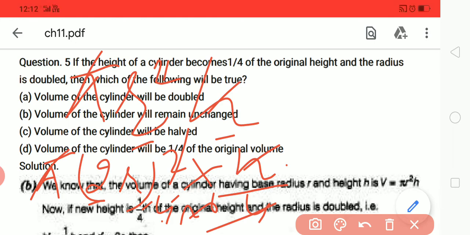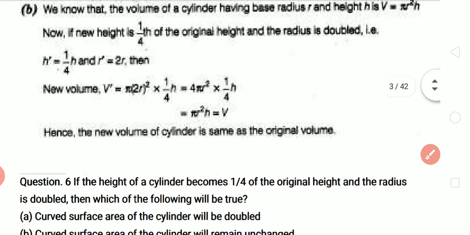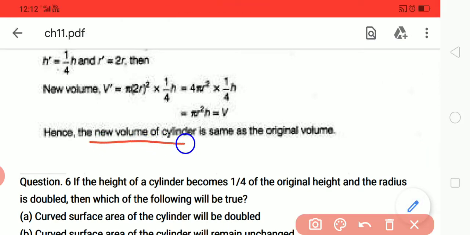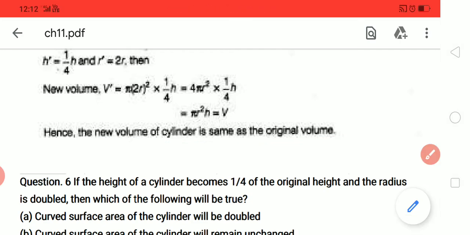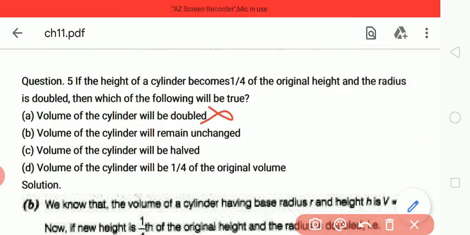So it is not doubled, it will be the same. The volume of the cylinder is the same as the volume of the original cylinder, so the volume will not change. It will not double. The volume of the cylinder will remain unchanged.